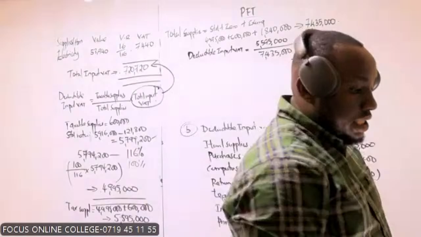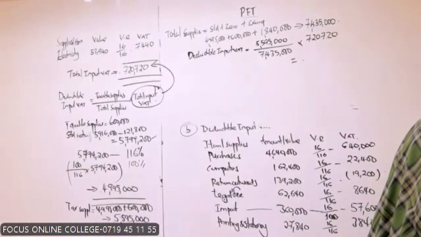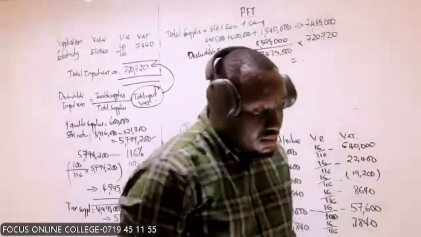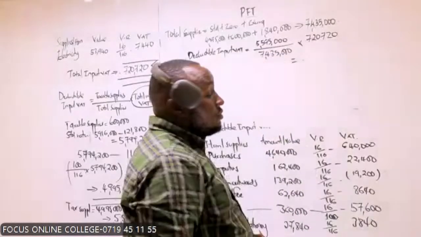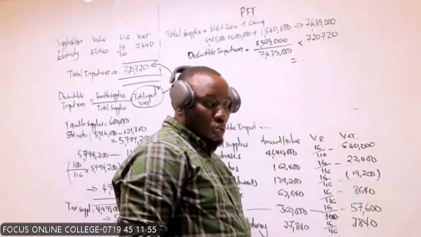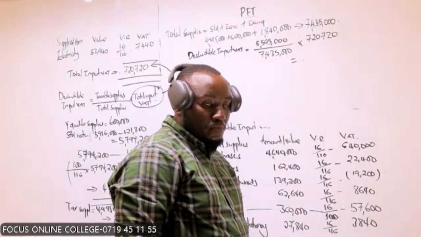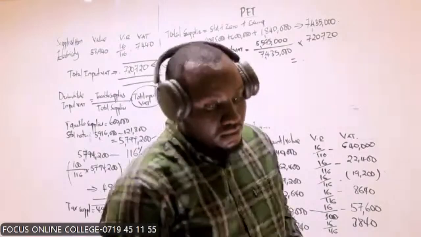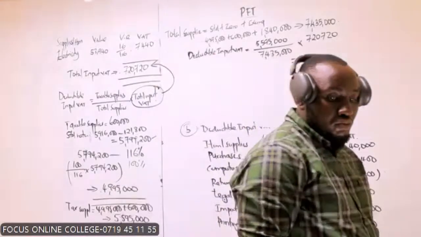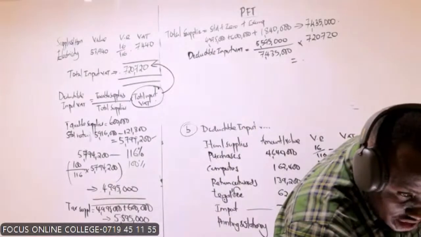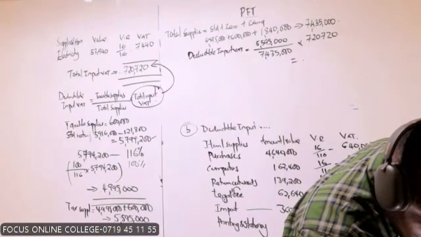Get for me the deductible input VAT. So just round it to whole number.